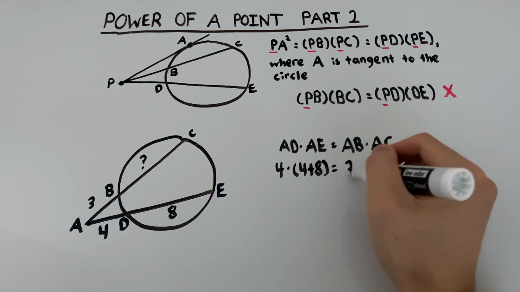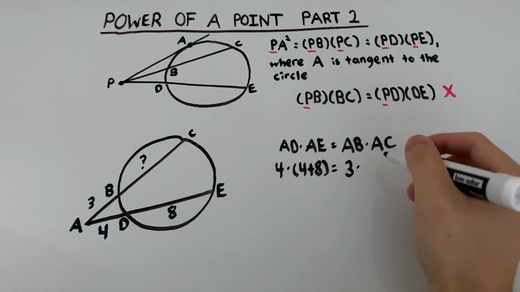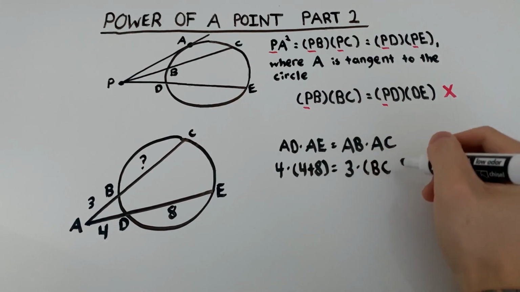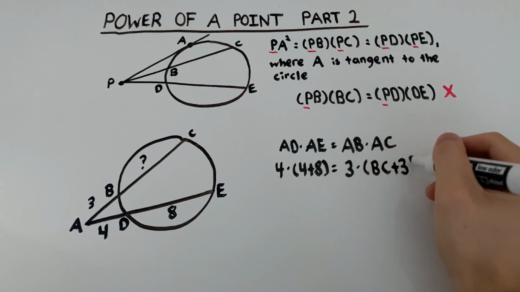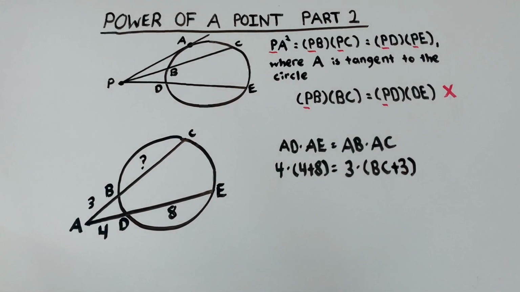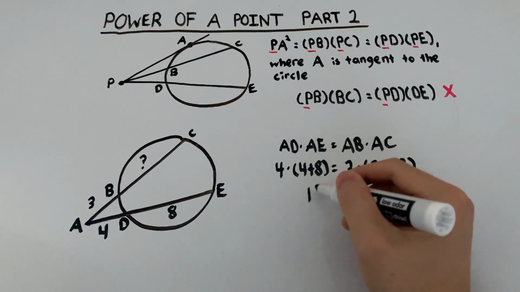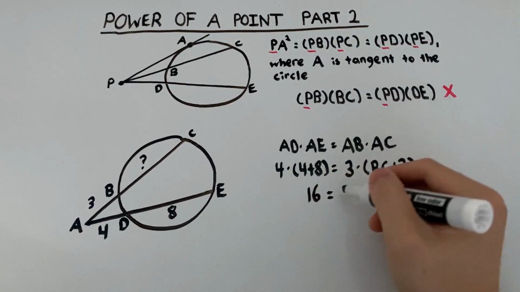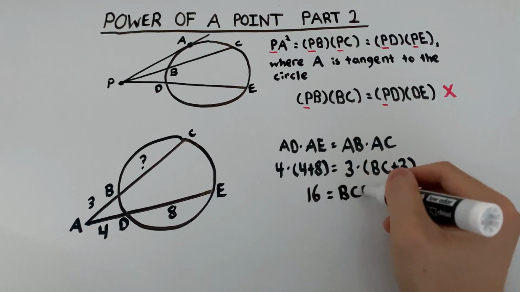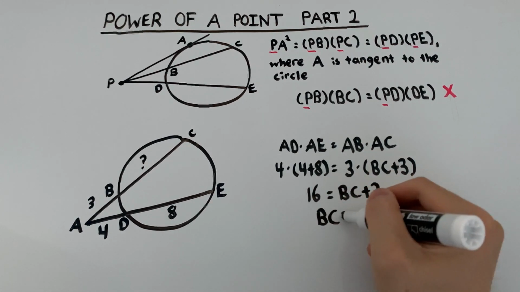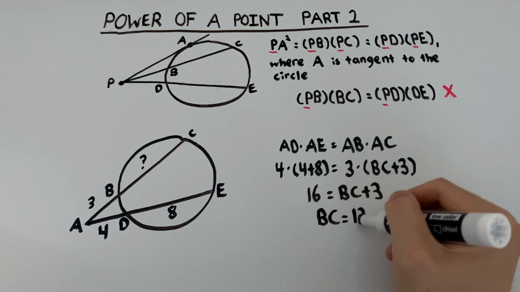AB is 3. And AC is equal to BC plus 3. When we divide both sides by 3, we'll get 16 equal to BC plus 3, which means that BC is equal to 13.